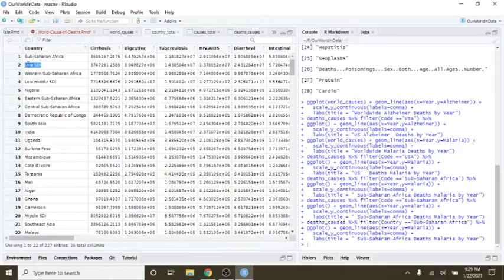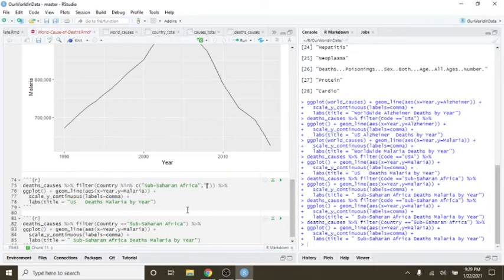So we're going to look at the top 5 countries for malaria.